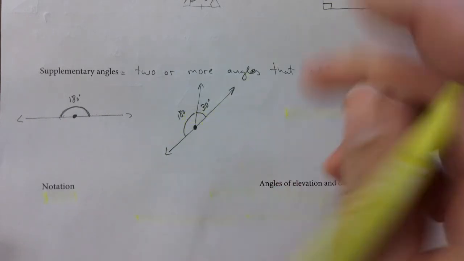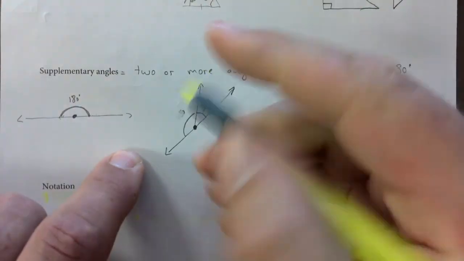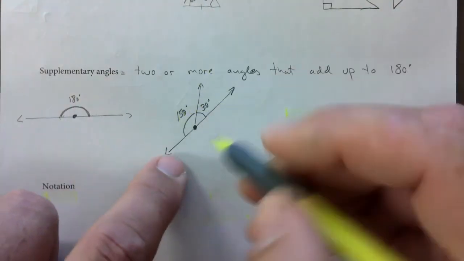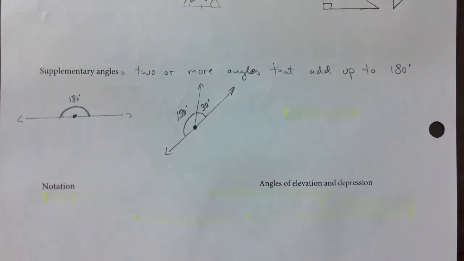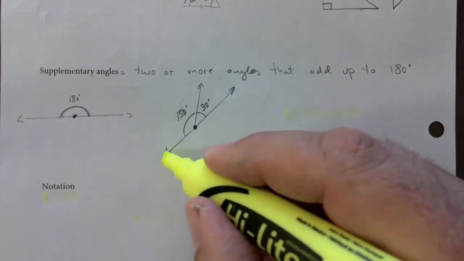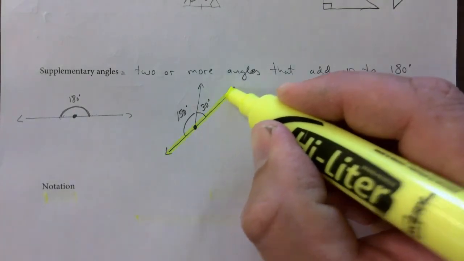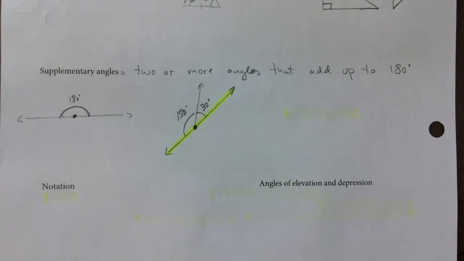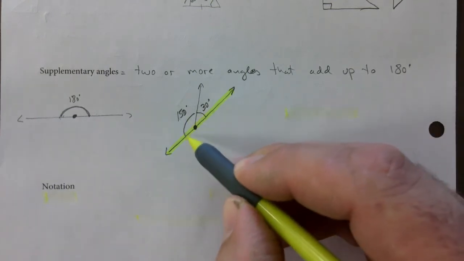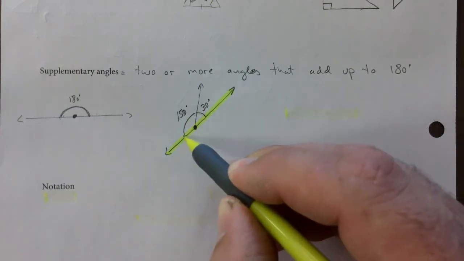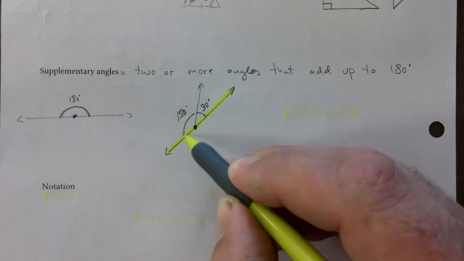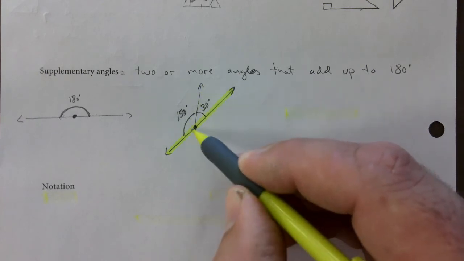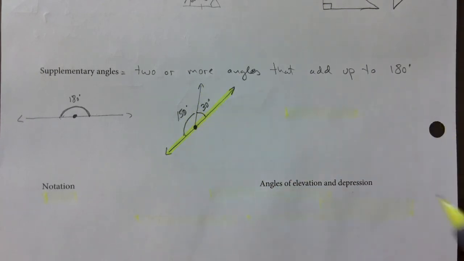Sorry, not 180, 150. How did I know that this is 150? I focused on the straight line here, right? A straight line right there tells you that the angles along it, from here to here, have to be 180. The sum will be 180. So if I cut it, then I have that.